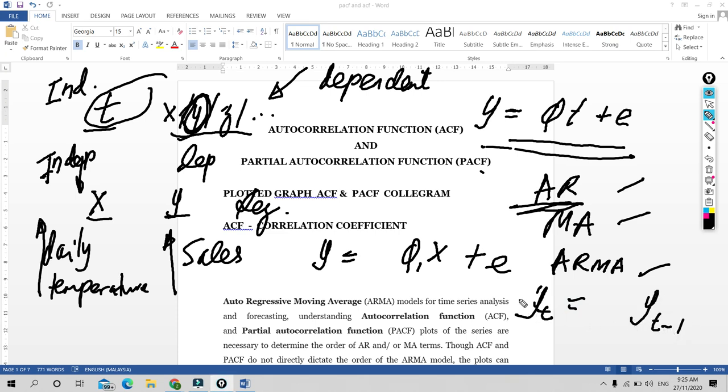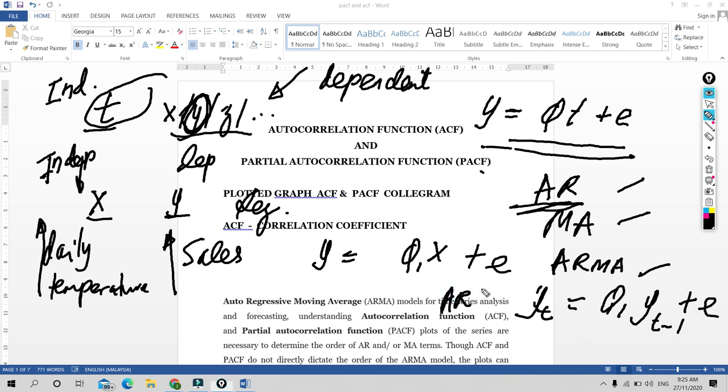Yt dia punya dependent bergantung kepada independennya Yt minus 1. Dia bergantung kepada masa yang lepas. Dan kalau kita estimate, we have φ1 here and epsilon here. This is an AR1 model.